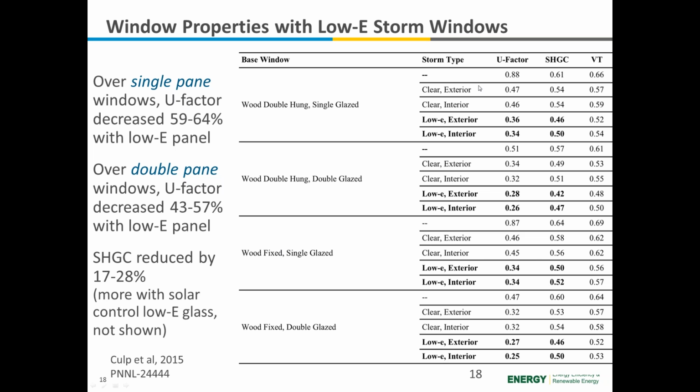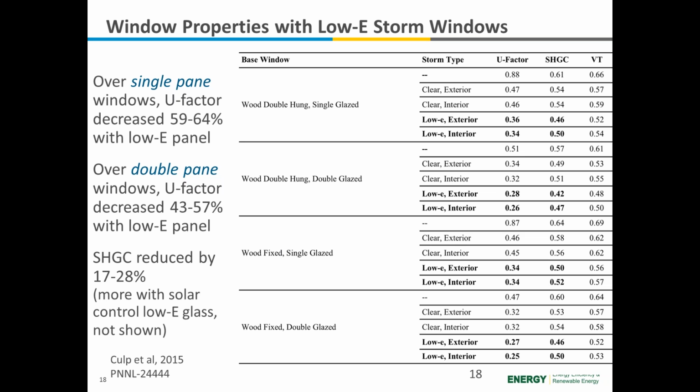For instance, in that first top chunk, you see for a single glazed wood window, the U factor can be reduced from 0.88 down to 0.34 or 0.36 for a low-E storm window, either on the outside or the inside. And in general, we see that over single pane windows, the U factor decreases about 60% by the addition of a low-E panel, so very significant.